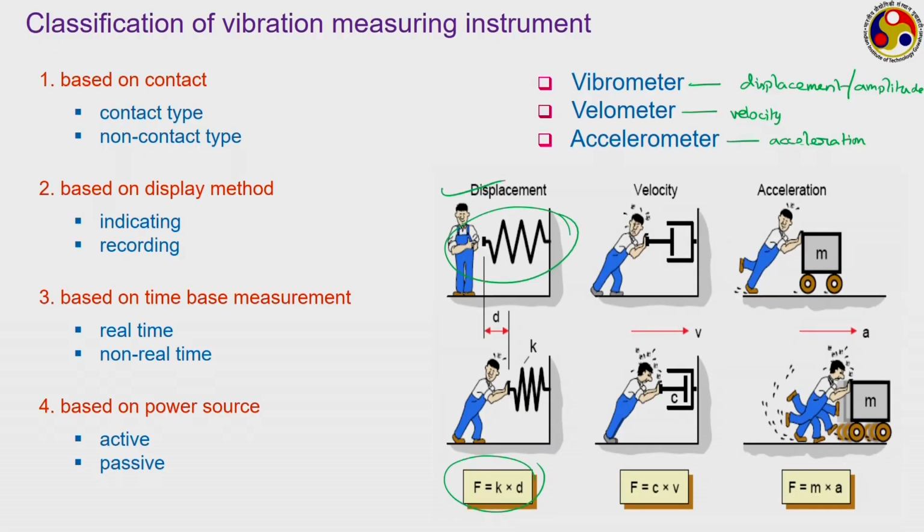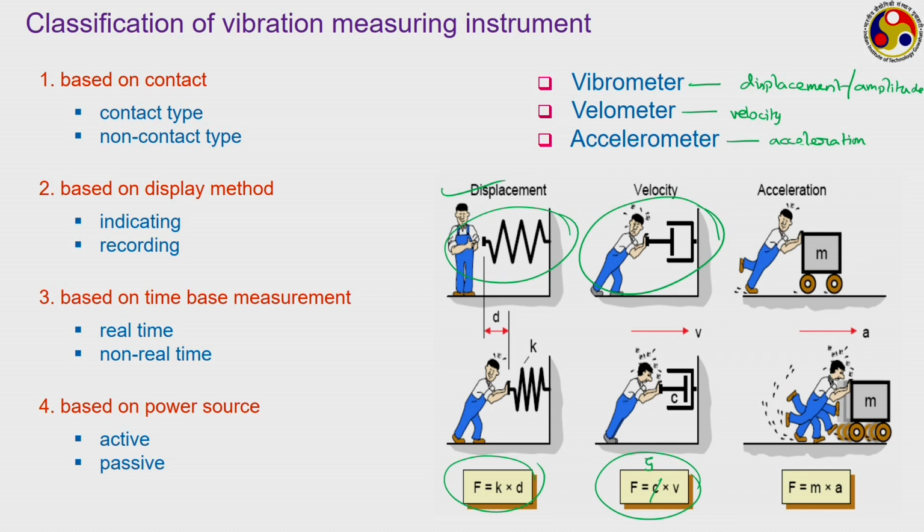So, a vibrometer mostly concerns the use of the spring, whereas what about velocity? That has to be concerned with the damper, because the force associated with the damping is generally the velocity times the damping coefficient. Here c is written in this graphic, but actually as per our symbol, this is zeta, the damping coefficient.